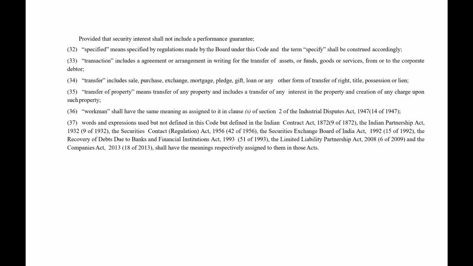Transfer includes sale, purchase, exchange, mortgage, pledge, gift, loan, or any other form of transfer of title, right, possession, or lien. Workman shall have the same meaning as assigned to in clause S of section 2 of Industrial Disputes Act. Basically, workman here excludes the employees of prison, military, Air Force, and Navy, right?